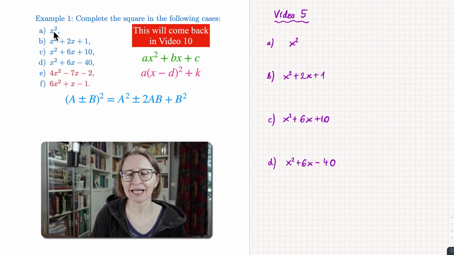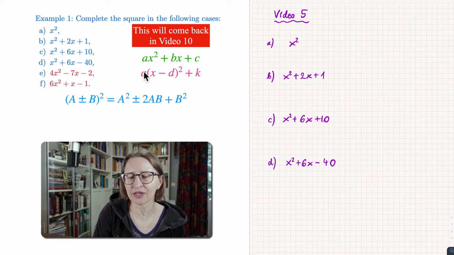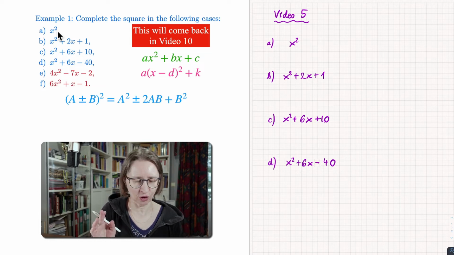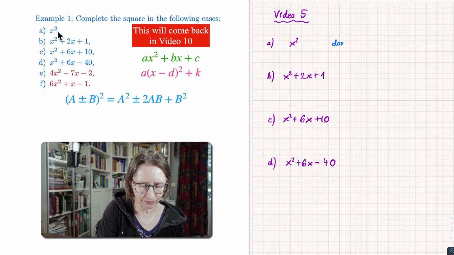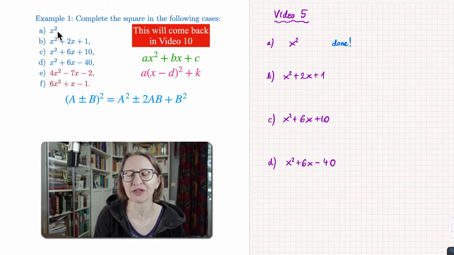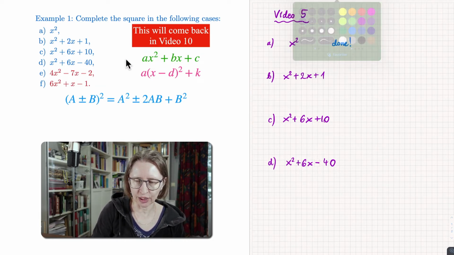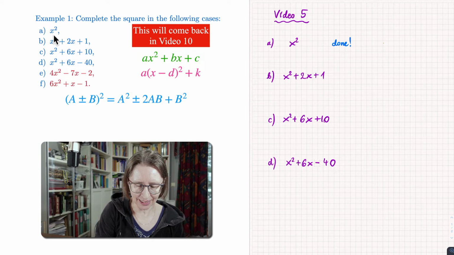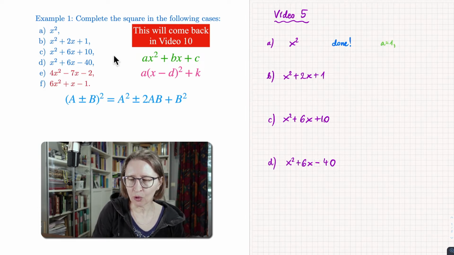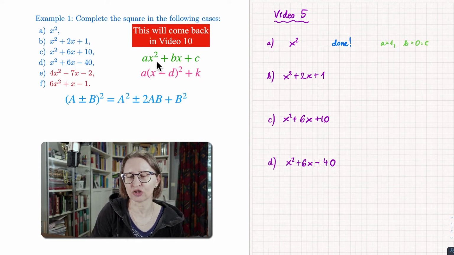So in the case a, we don't have to do anything because it is already in this form. The variable x is appearing only once. So here we are done. But just to explain the meaning of these constants, in this case our a is equal to 1, our b and our c are both equal to 0, because they are not at all here in this expression, right?